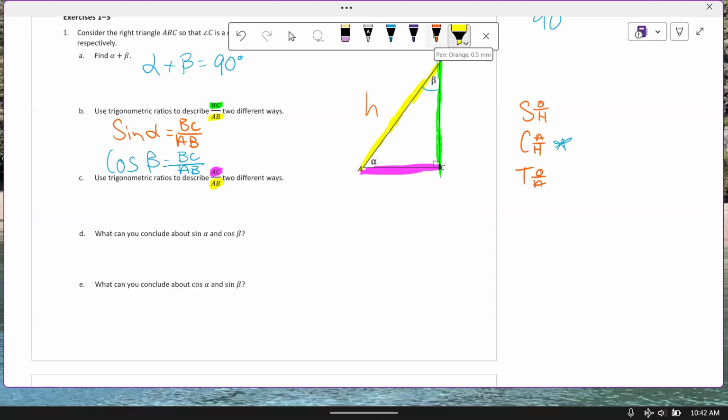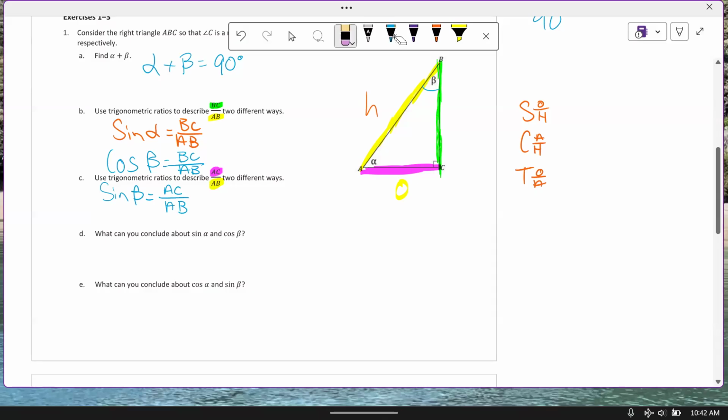Now, the pink line is opposite of our beta, and our yellow line is still the hypotenuse. So what's working with opposite and hypotenuse? It is sine, right? So we're going to have sine of beta equals opposite AC over our hypotenuse AB, right? So we've described it one way.